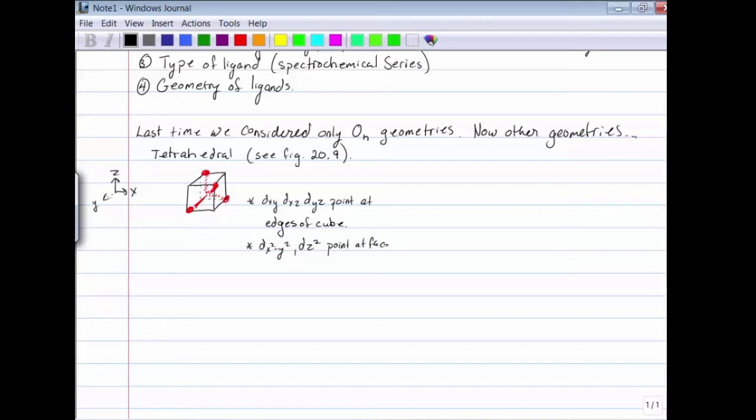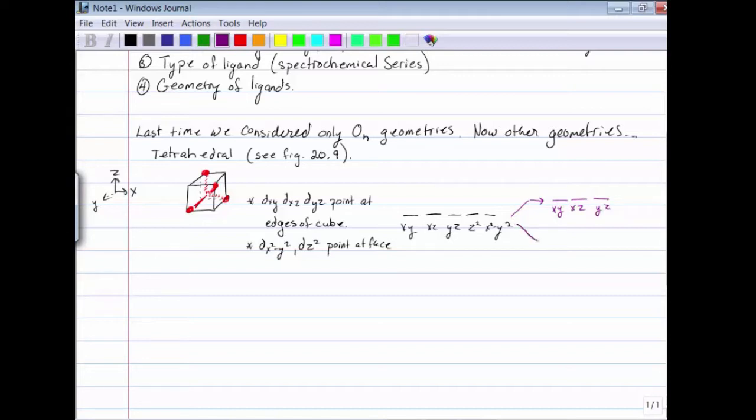And so what that ends up giving us is a different type of splitting, where all of the ones that are pointing at the edges are going to be closer to the ligand and have more interaction, and so those will be a higher energy set. So the 3 that are higher energy are the xy, xz, and yz orbitals.